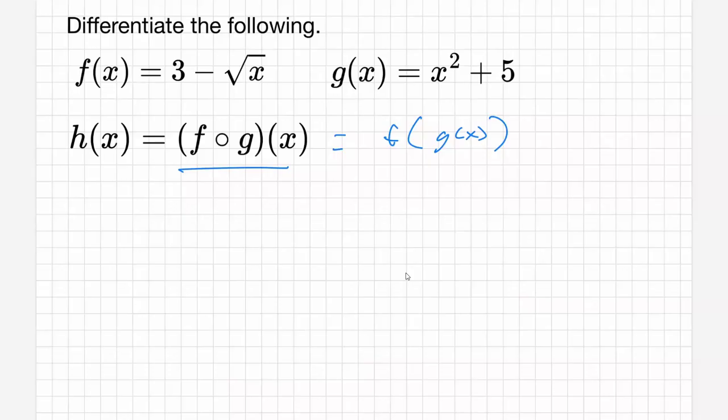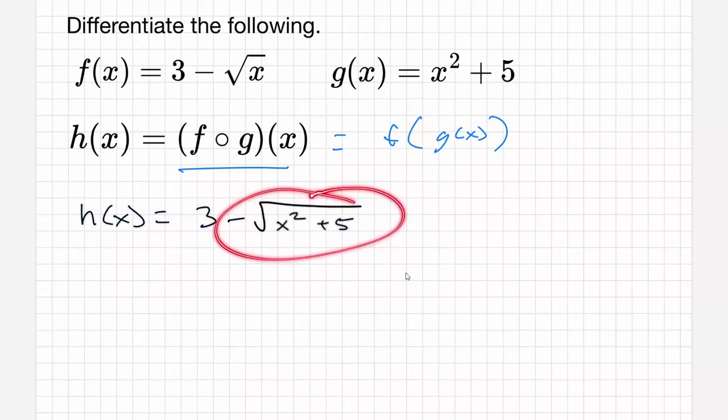Now, with that said, are we okay if I write this as h of x equals 3 minus the square root of x squared plus 5? What operation did I put on the outside here? f of x. The square root's on the outside, right? And x squared plus 5, I put inside the square root.